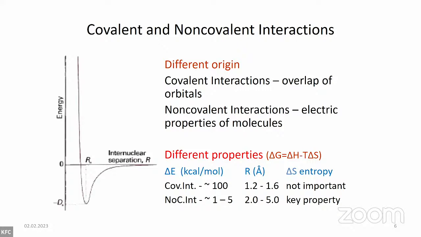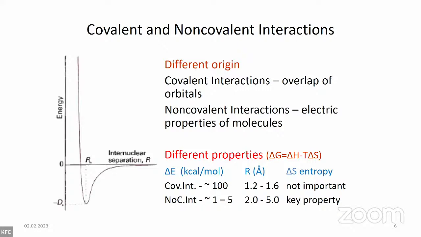The major difference between those two types of interactions is their strength. Covalent interactions are usually approximately 400 kilojoules per mole, and they are shorter as well. They are usually about 1.5 angstroms.